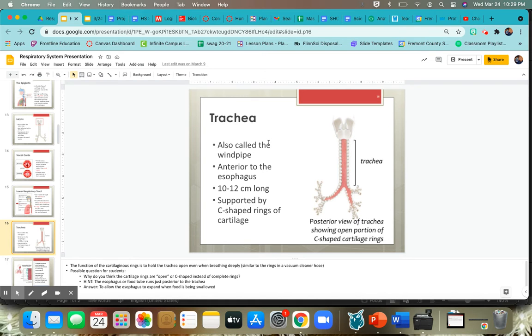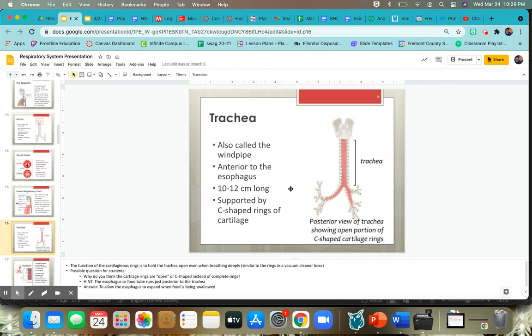If we focus just on the windpipe for a second, it's anterior, so it's in front of the esophagus. They run right next to each other, but the trachea is more forward than the esophagus is. It's about 10 to 12 centimeters long, and 1 inch is about 2.5 centimeters, so 4 or 5 inches long.